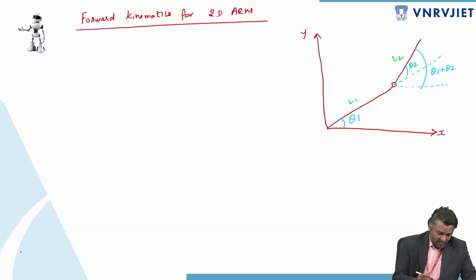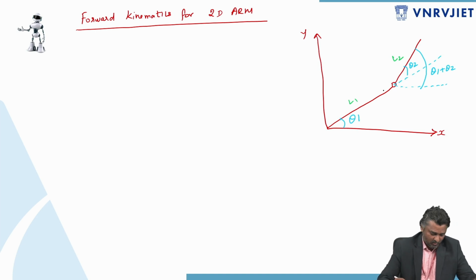So what is L1? L1 is the length of link 1, the length of the first link. L2 is the length of the second link.